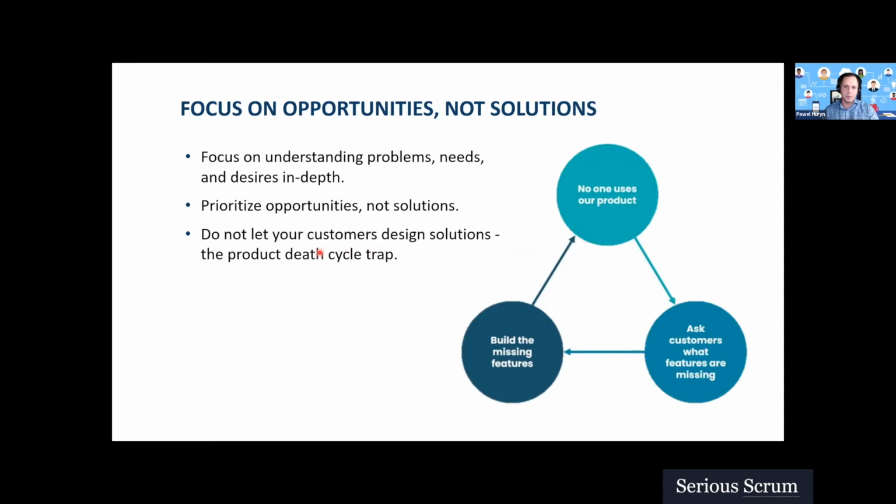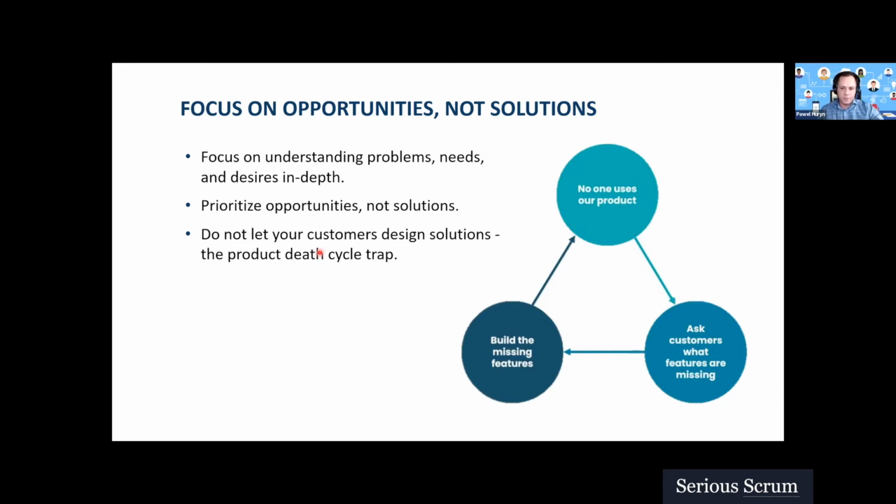So which problems are the most important ones for the customer? I think it's an approach adapted from jobs to be done. So what are the most important problems that we would like to solve first? And then for the most important problems, we would like to generate maybe more ideas and look at them closer. Those are the opportunities, those are the problems that we would like to focus on.